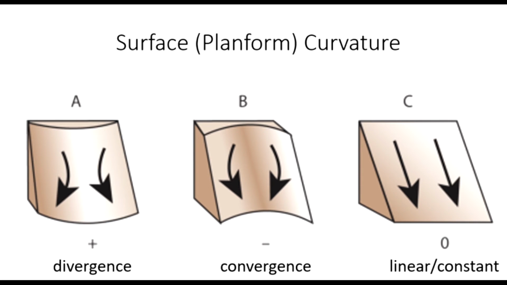So this is going to be more about the directionality of the flow across the surface. Beforehand, that one was more about acceleration and deceleration. This here is more about direction. Do we have flow that's divergence? Do we have flow that's convergence, or is it linear? If we look at the side view, in all of them, they have the same profile curvature.